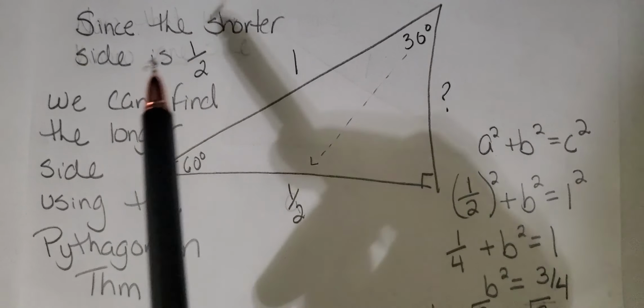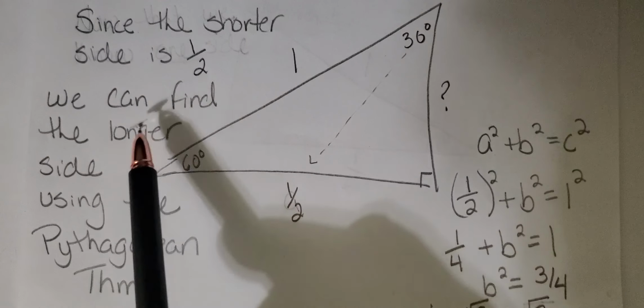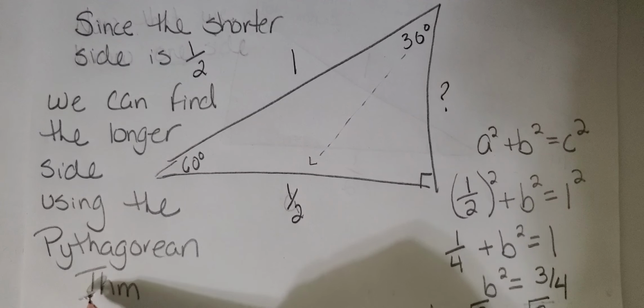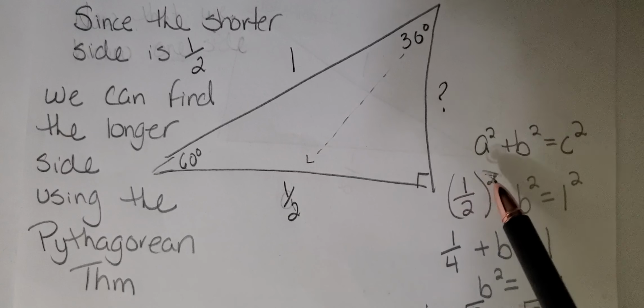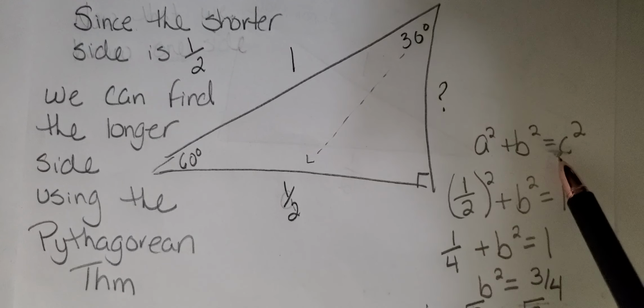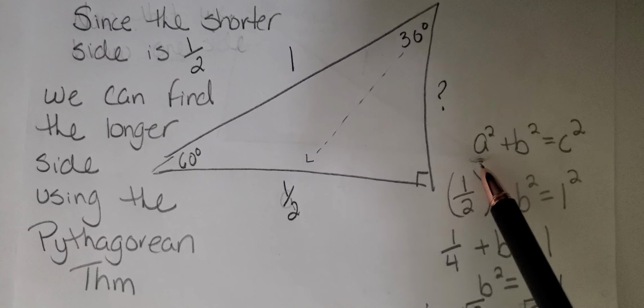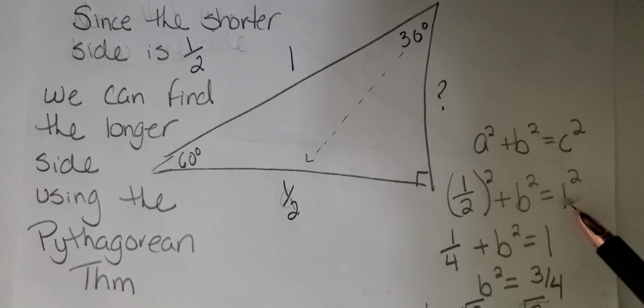Now, since we have that the shorter side is equal to 1/2, we can then find the length of the longer side by using the Pythagorean theorem. So the Pythagorean theorem, again, a squared plus b squared equals c squared. We're just going to substitute in what we know. We know that one of the legs measures 1/2, and we know that the hypotenuse measures 1.